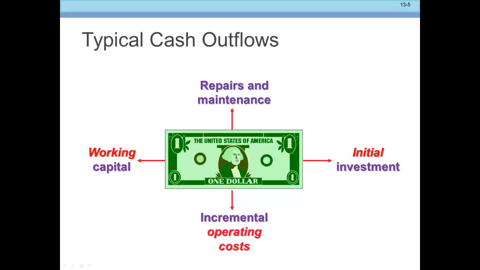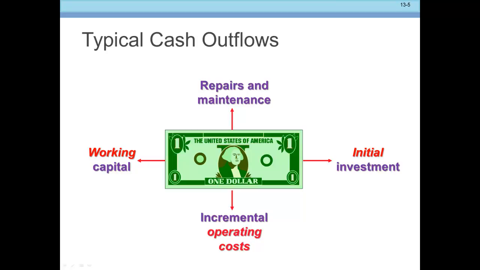If we buy a bigger and faster production machine, we would need to buy additional raw materials inventory to keep the machine running. This additional inventory is a cash outflow at the time of purchase of the machine, but is recaptured at the end of the life of the machine when the additional inventory is no longer needed.